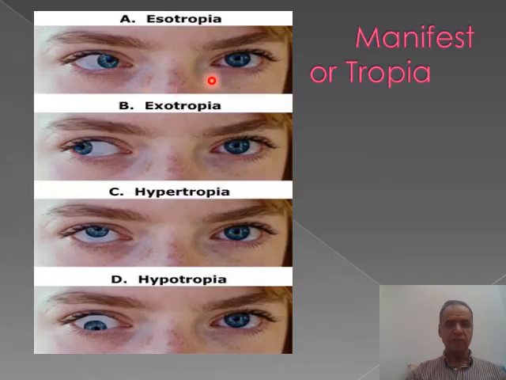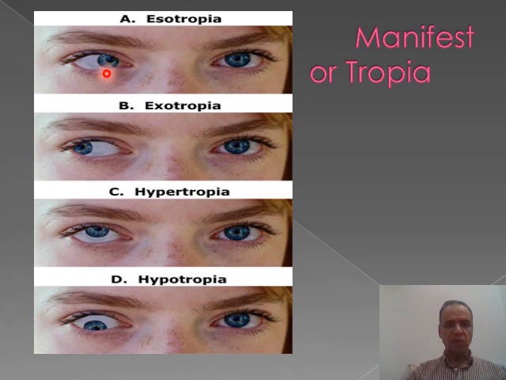Manifest strabismus or tropia can be defined as strabismus which is seen when both eyes are open, like in this patient. And according to the direction of deviation, we can classify tropia into four types.